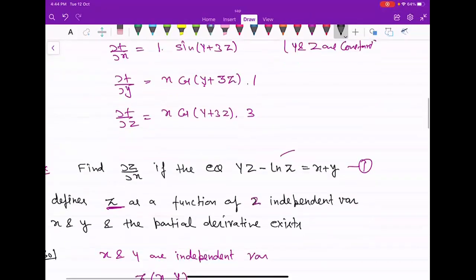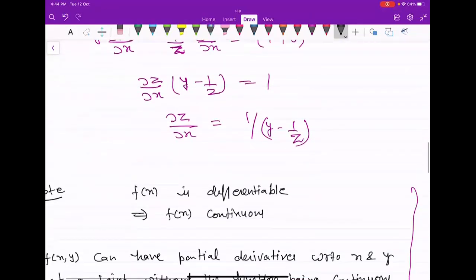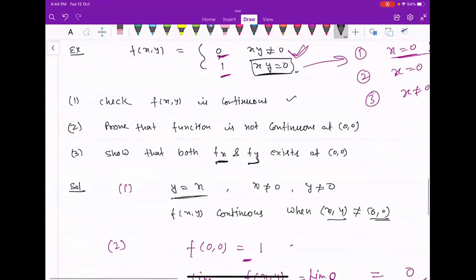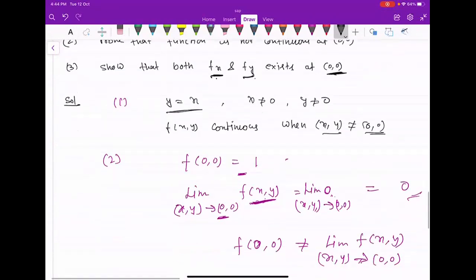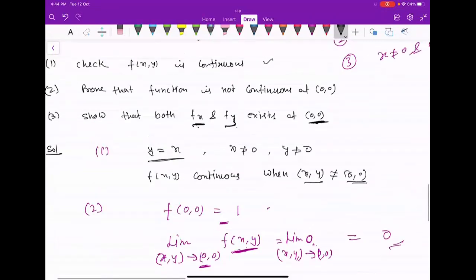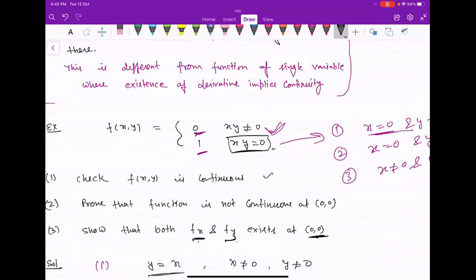As in this example, it is asked to show that both f_x and f_y exist at (0,0). So it is asked to check whether these derivatives exist or not, and then we take the limiting case. The function here is given in terms of constants, so if we differentiate, it always comes out to be 0. In that case we will not directly use the differentiation procedure.